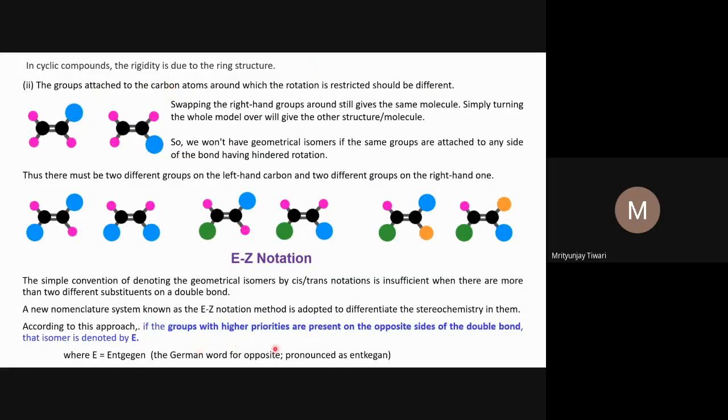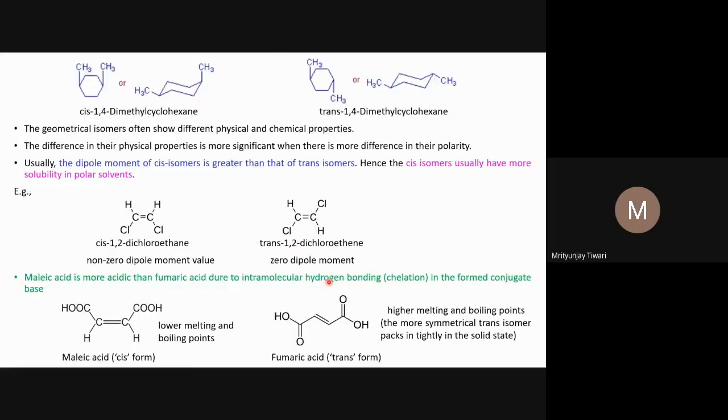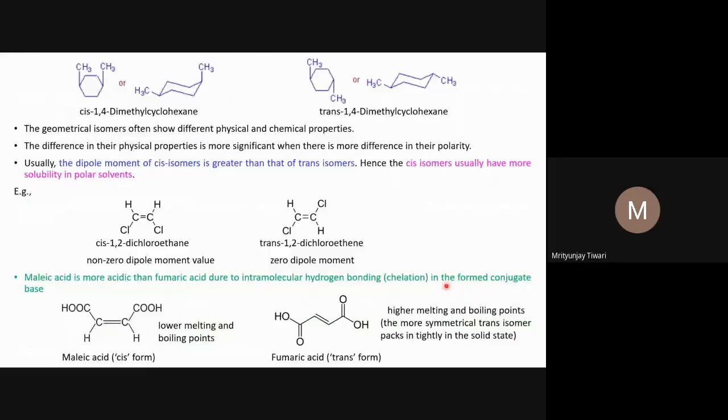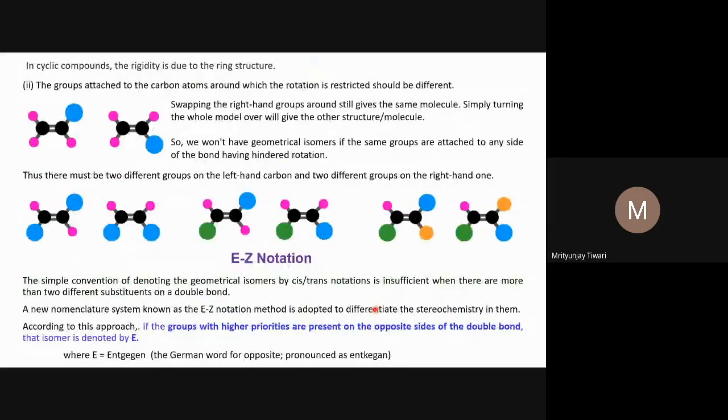Now, if the groups with higher priorities are present on the opposite sides of the double bond, then that isomer is denoted by E. We have already seen the E notation in this example. Higher priority groups on opposite sides, so this is the E isomer. E means Entgegen, also a German word, which means opposite.